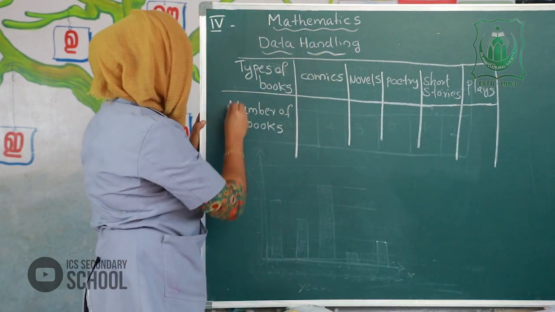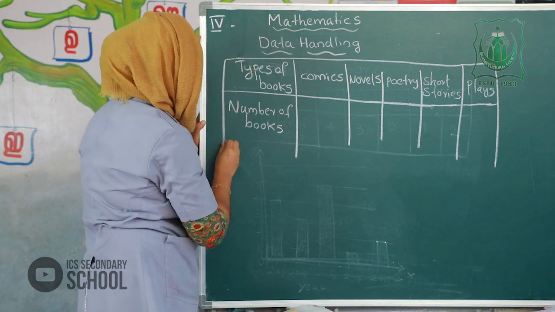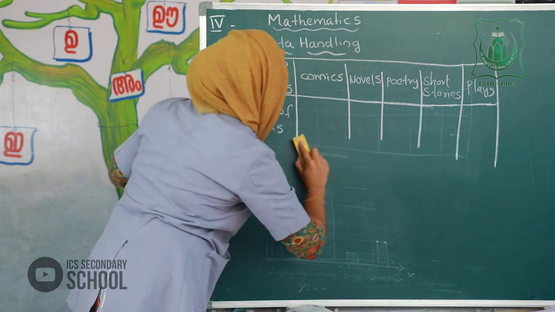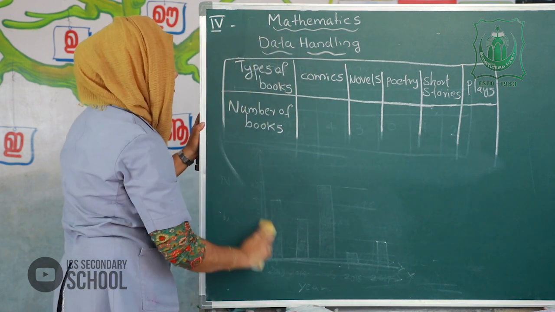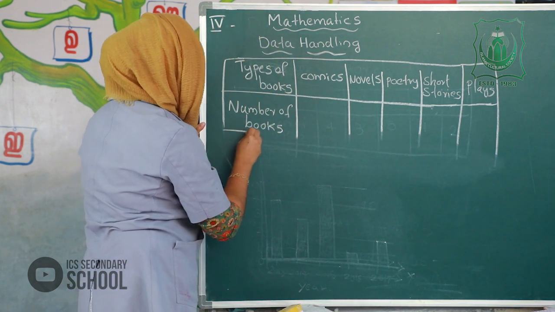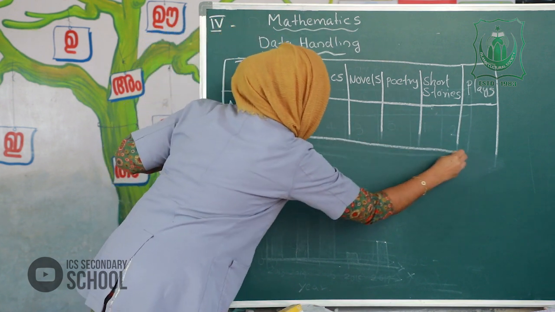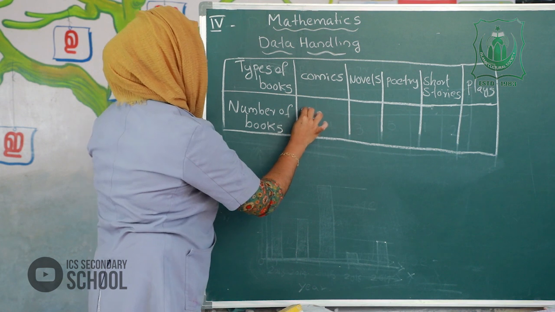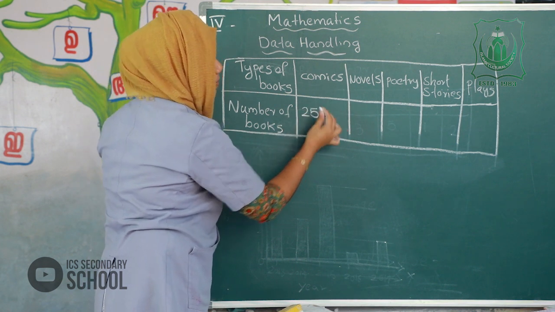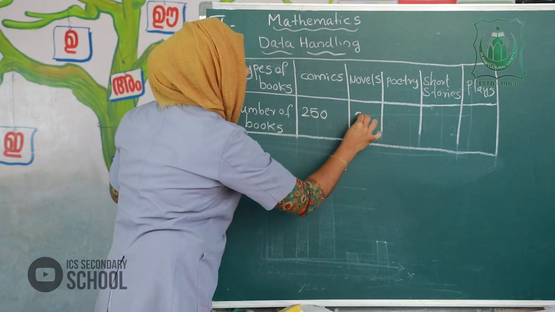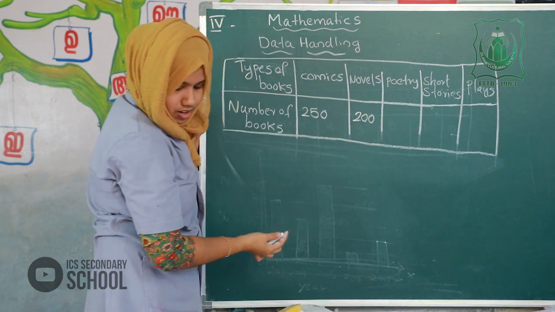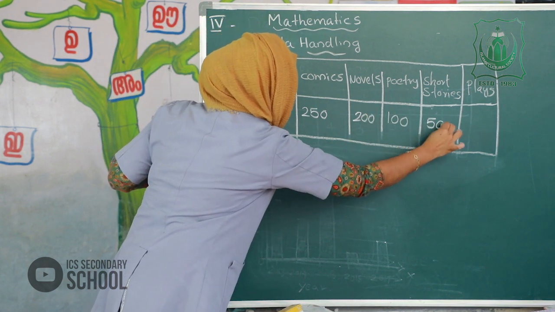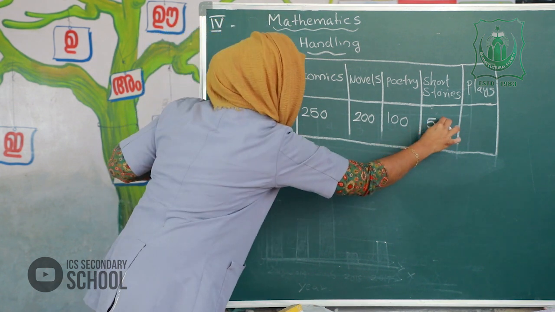Okay, and this is the information about the books. How many comics are there? 250 comics, 200 novels, 150 and 150.